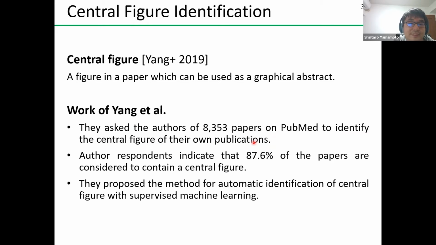The responses indicated that about 87% of the papers are considered to contain a central figure. They also proposed a method for automatic identification of central figures based on a supervised machine learning approach.